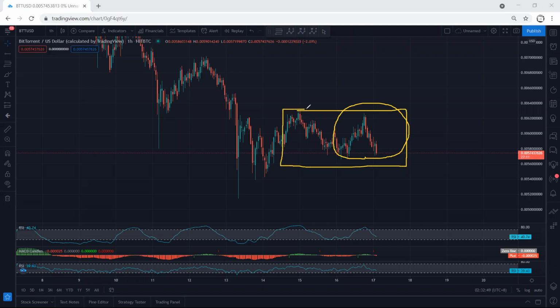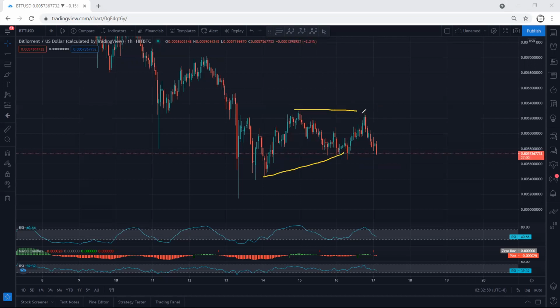And in that case, to look for the trade setup, we have to wait for a longer time, because as I explained, if we consider this one as a flat, the best thing is the price drops, breaks the previous low and retests 0.0054, then any reversal from there we can look for a trade.